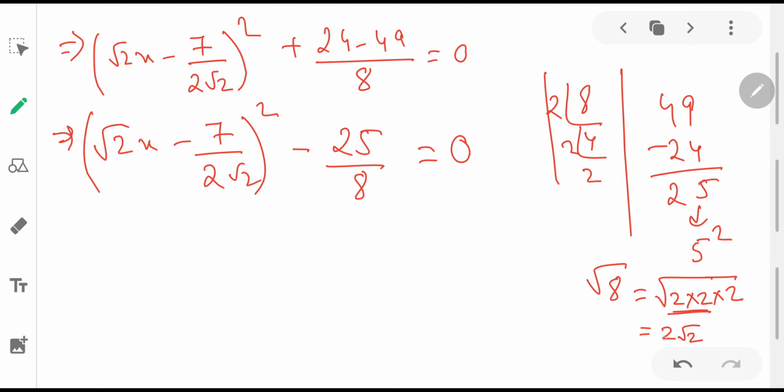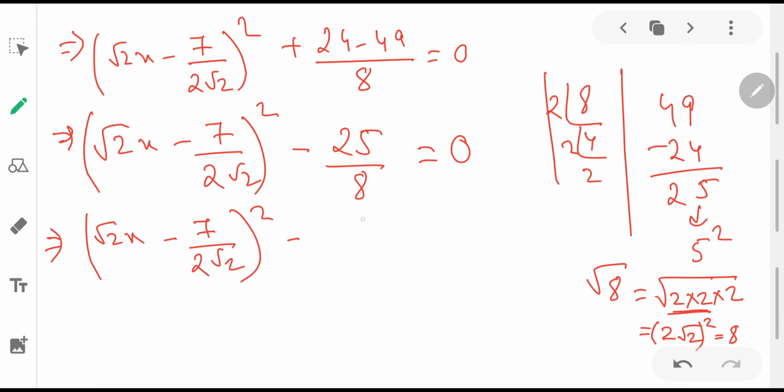Inside the root we will have 2 root 2. So if we do 2 root 2 whole square, we will get 8. So how to do here? The first term will be the same, which is (root 2x minus 7 by 2 root 2) whole square, minus (5 by 2 root 2) whole square equals to 0.